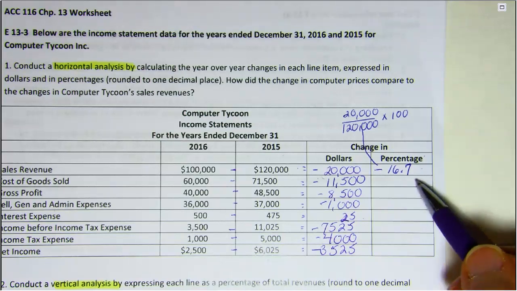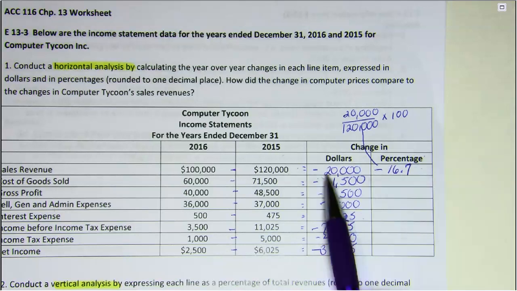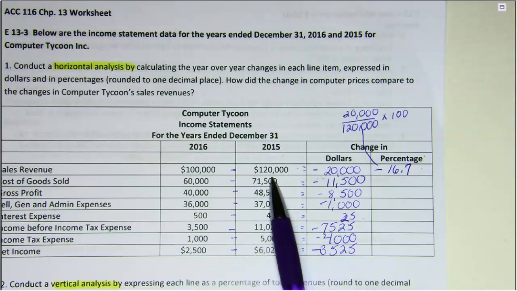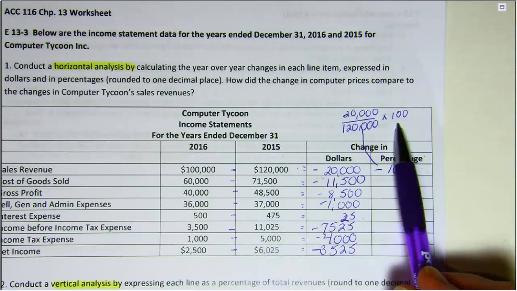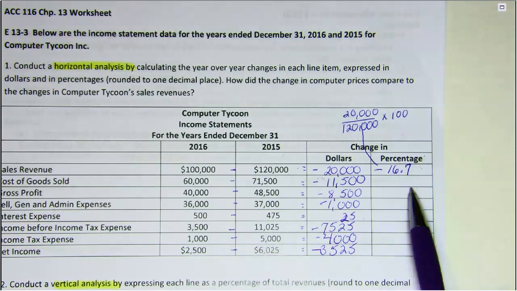See if you can do that mathematically and if it works out on your calculator. 20,000 divided by 120,000, multiply it by 100 to change it to a percent, and then round to one decimal place.